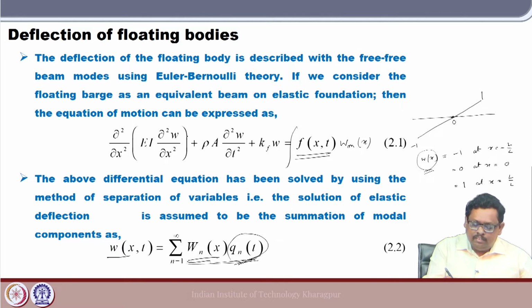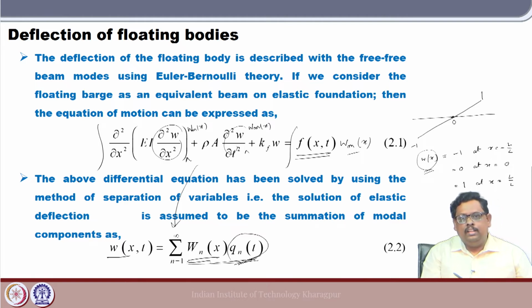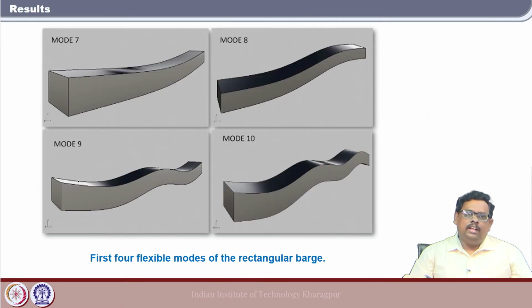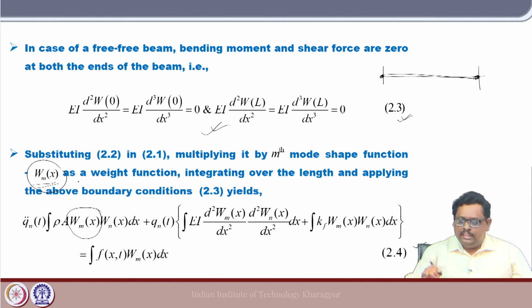In the left hand side also I substitute this in the equation, and then I multiply by this Wm(x) throughout and integrate it from 0 to L. So this is the very standard idea we apply here to convert this equation into the ordinary differential equation. Now, this is all about the structural part.